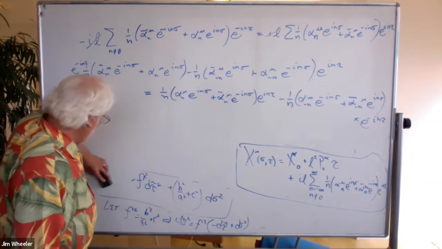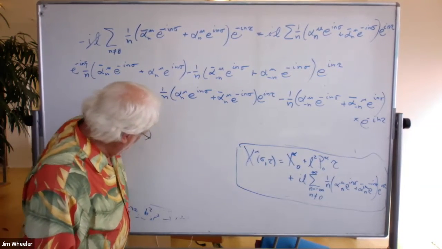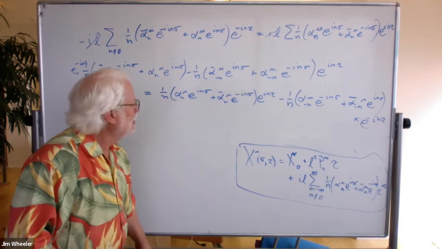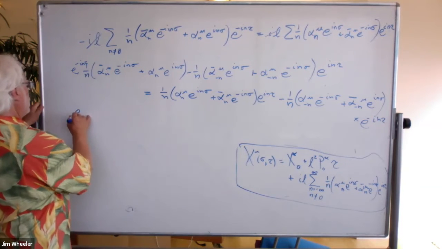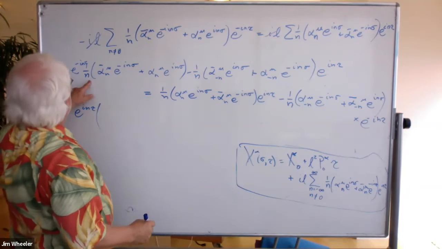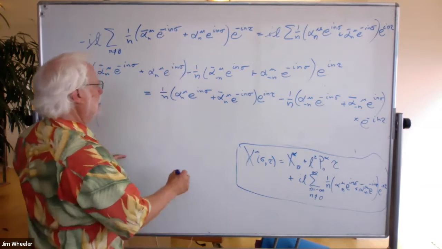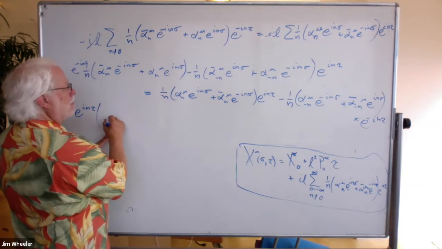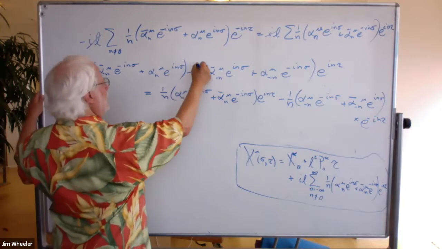Okay, so now we collect terms, and things that better go together. So let's collect all of the e to the i n tau terms. This is e to the minus i n tau, that's e to the minus i n tau. All right, we can get rid of the 1 over n's now.